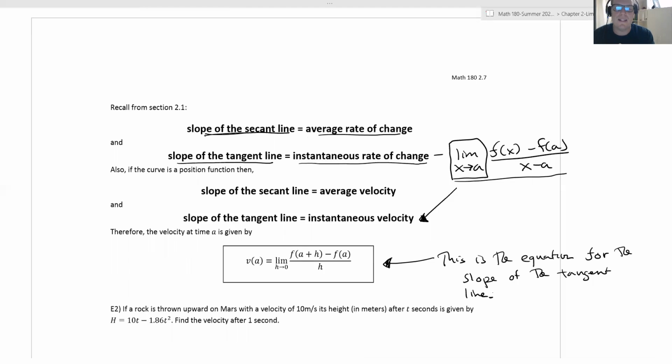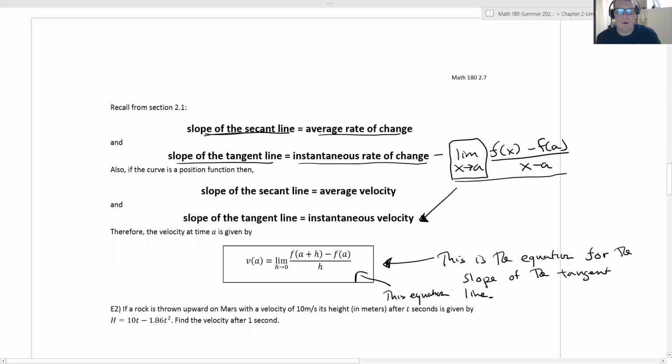If somebody says, what's the instantaneous velocity? You're going to say to yourself, oh, it's the derivative. What's the slope of the tangent line? Oh, it's the derivative. Because what we call the slope of the tangent line and what we call the instantaneous velocity, what we call this equation is the derivative. That's the derivative equation.